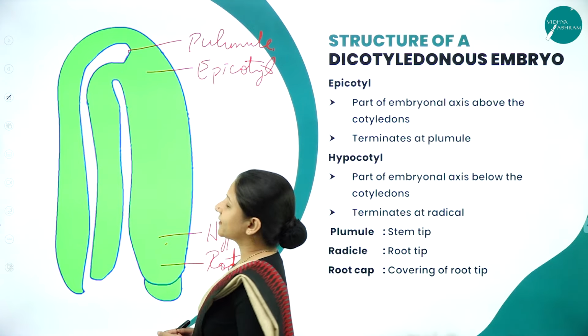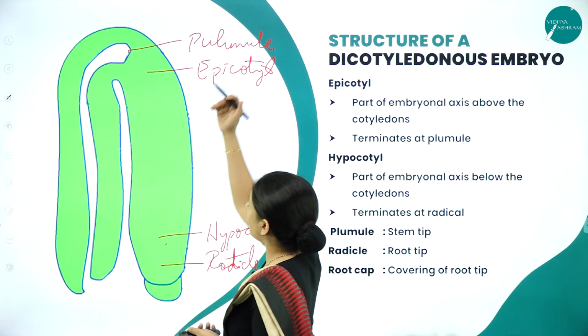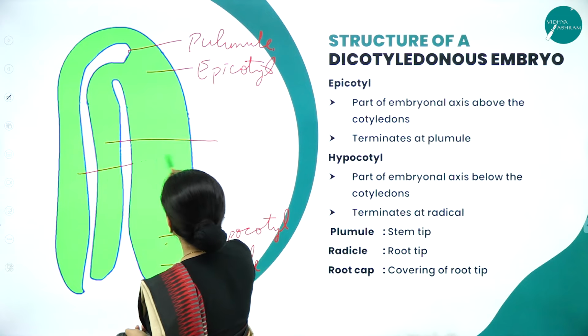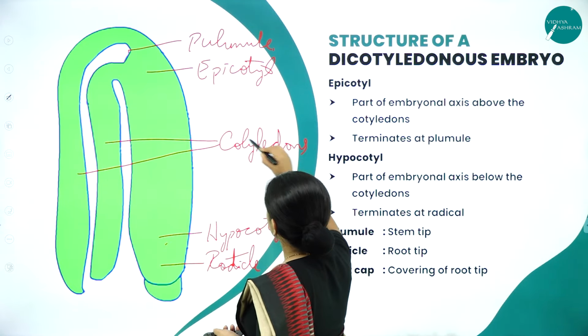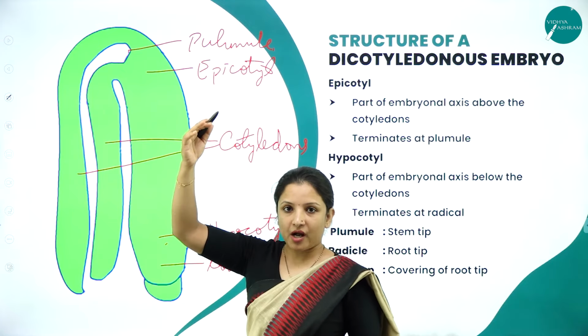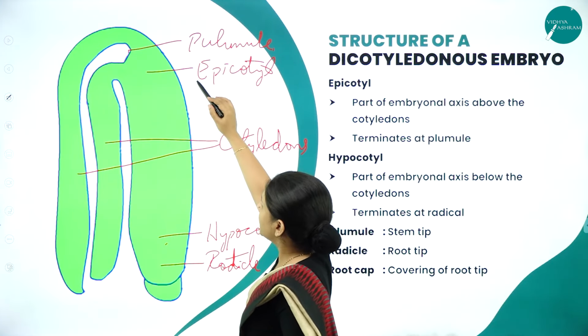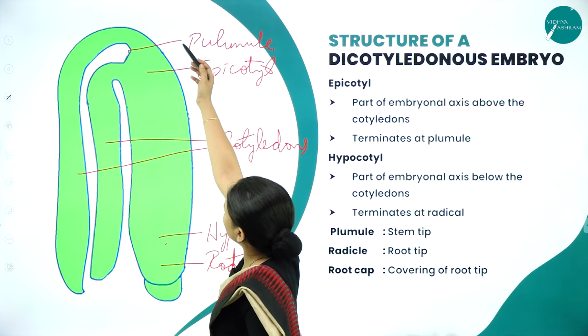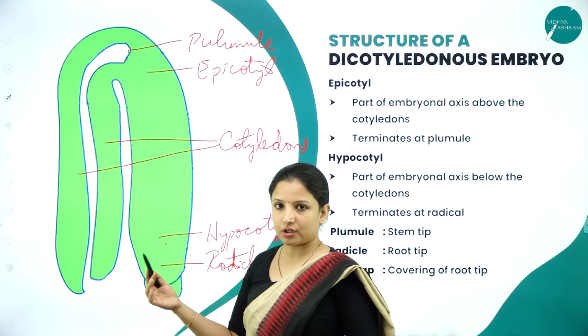Epicotyl is the part of the embryonal axis which is present above the cotyledon. If you can see here, these are the two cotyledons. Epi means top, hypo means below. So the epicotyl is present above the cotyledons, and above the epicotyl is present the plumule, and the plumule gives rise to the shoot.